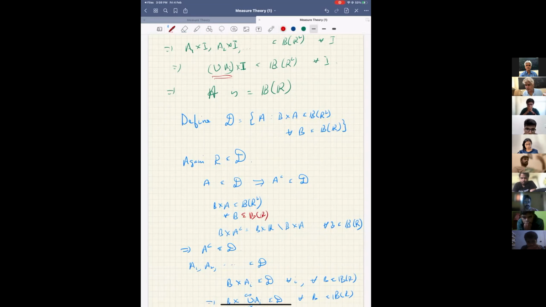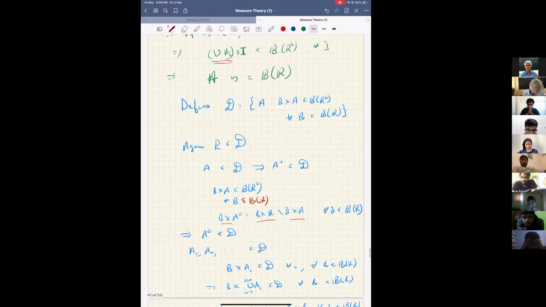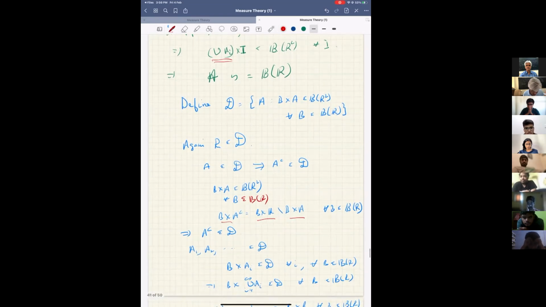B cross A complement is again B cross R minus B cross A. So B cross A complement is also going to be in my Borel sigma algebra, B(R²), for all B in the Borel sigma algebra. So A complement is also in D.